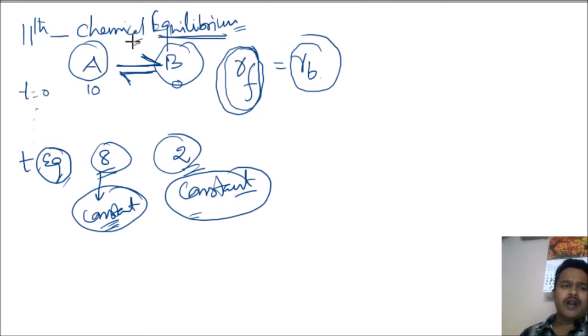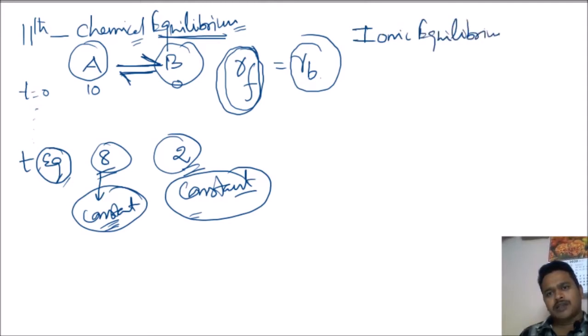Now what is our chapter? Our chapter is ionic equilibrium. Now we are going to learn about ionic equilibrium, where ions are involved. For example, take H2O and HCO3 minus.